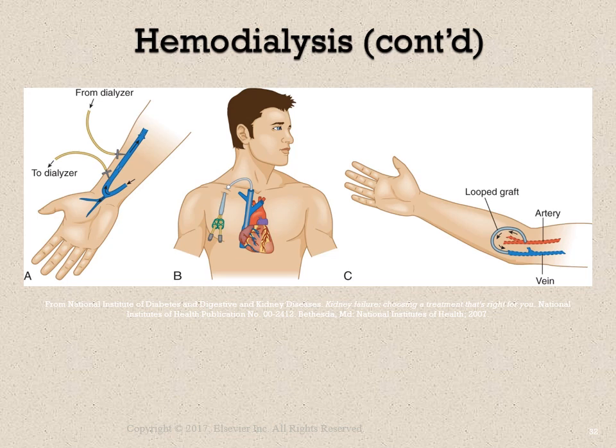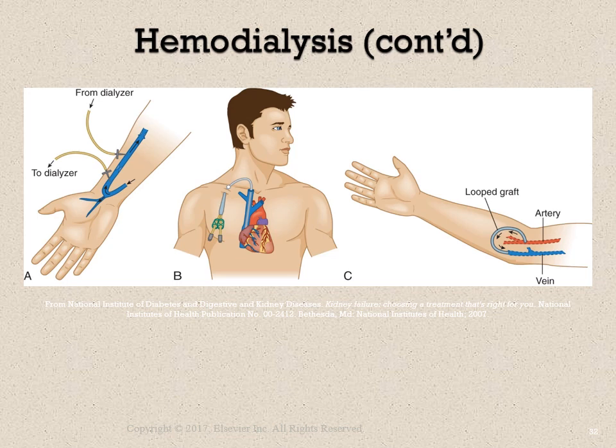In picture B, the patient can have a venous catheter. So this is going to the vein. You see it being blue, it's a venous catheter. In picture C, we have an AV graft. So a graft between the artery and the vein. They're looping it around so that they're connecting the artery and the vein, so for blood supply, the patient can have their hemodialysis.